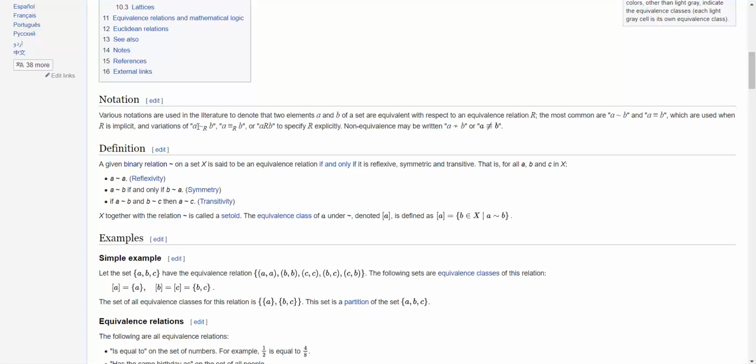A given binary relation on a set X is said to be an equivalence relation if and only if it's reflexive, symmetric, and transitive. That is, for all A, B, and C in X. X together with a relation is called a setoid.